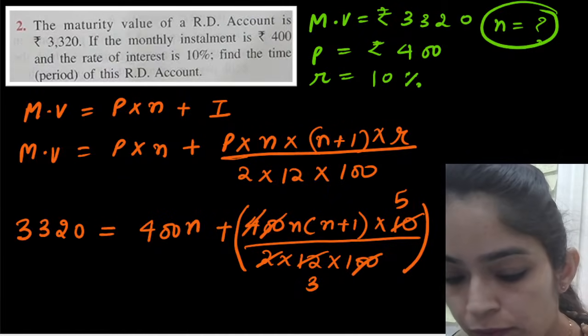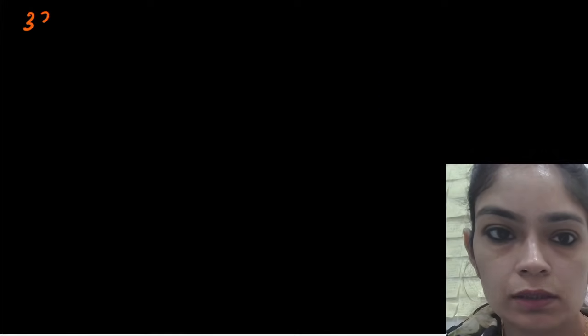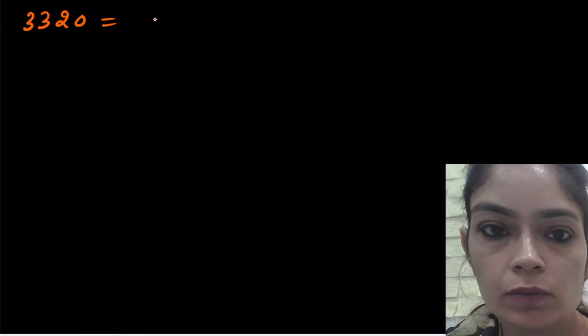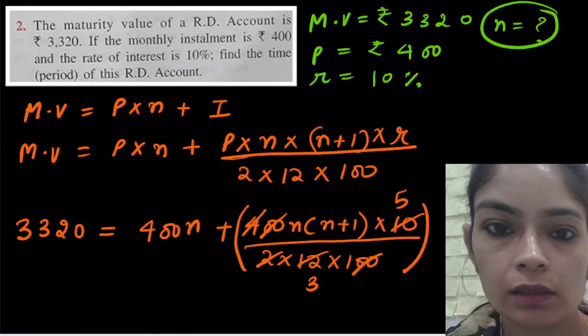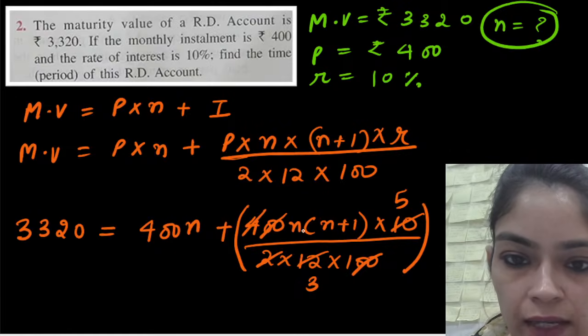So what we are left with now, I'll just write 3320. This is equal to 400N plus, see here whatever is left that we have to write. We are left with N into N plus 1 into 5.